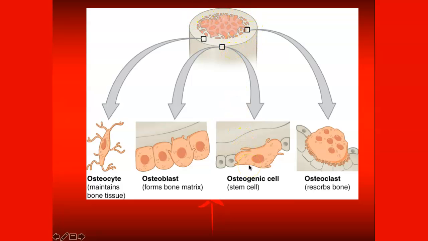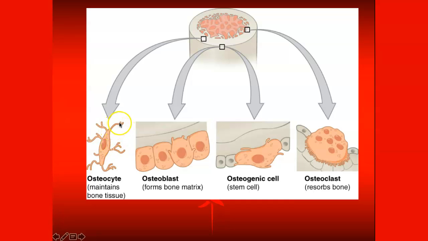So osteocytes maintain the mineral concentration of the matrix because they secrete enzymes, and like osteoblasts, osteocytes also do not divide, so they don't undergo mitosis, but they do communicate with each other, and they receive nutrients via what we call canaliculi, which sounds like canal because that's what it kind of is.